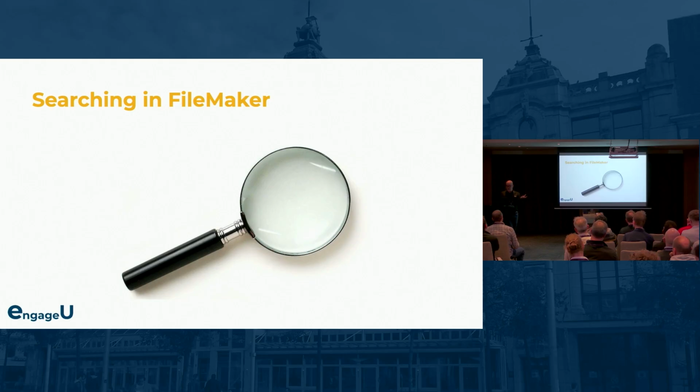First, we're going to talk about searching. So, of course, one of the key reasons that users search in a database is to make sure that if they create a new record, they're not going to be creating a duplicate. So they look for the record they're about to enter, and if they find it, they know not to enter a new one. So in order to prevent a duplicate from being entered, you have to be able to find a likely duplicate.